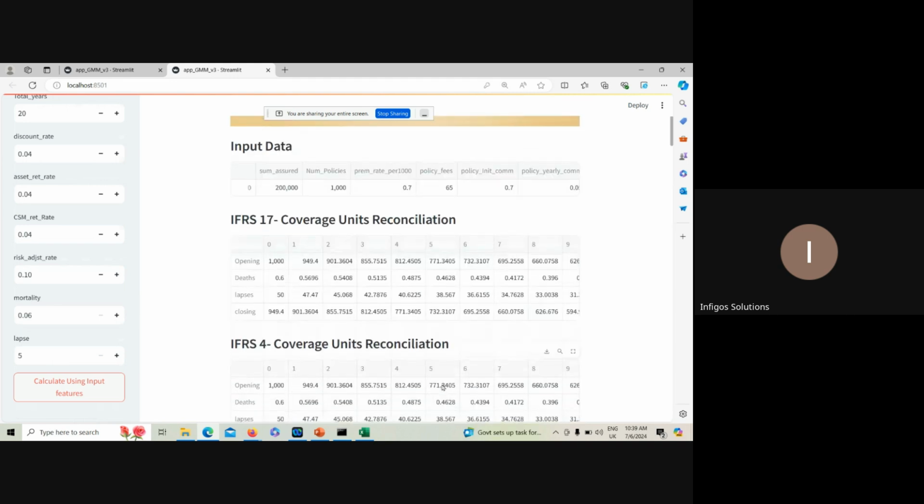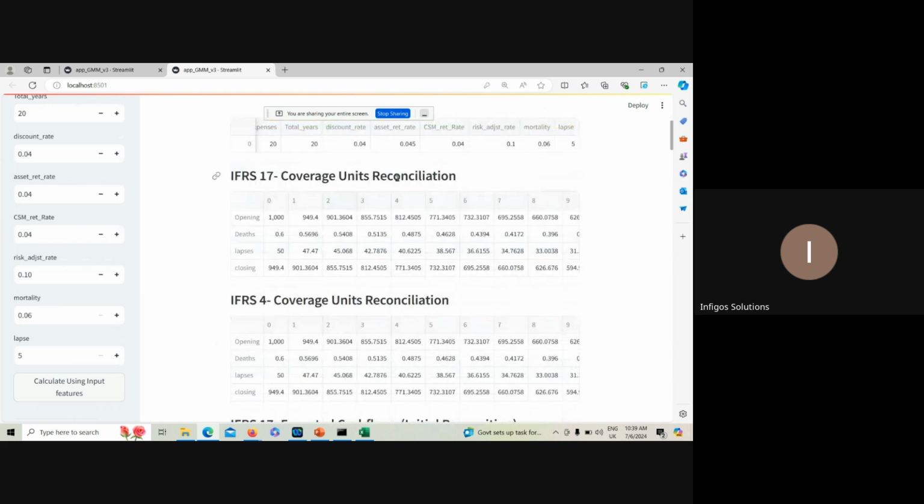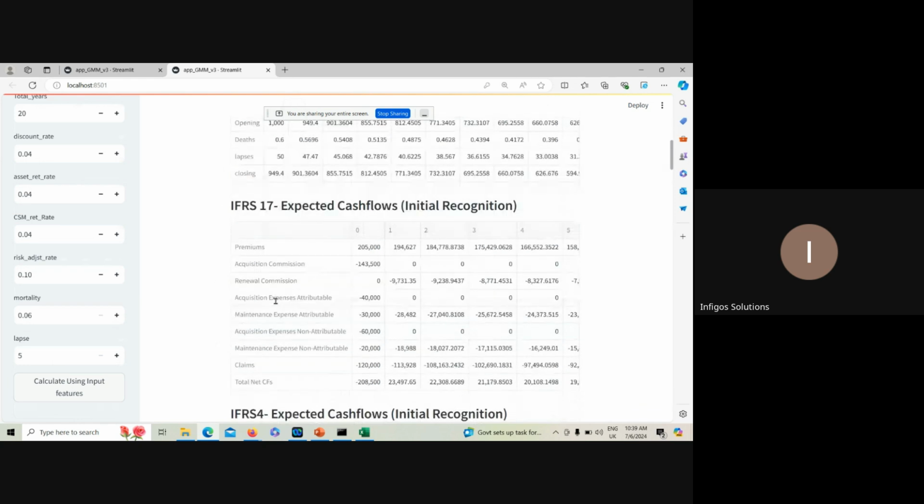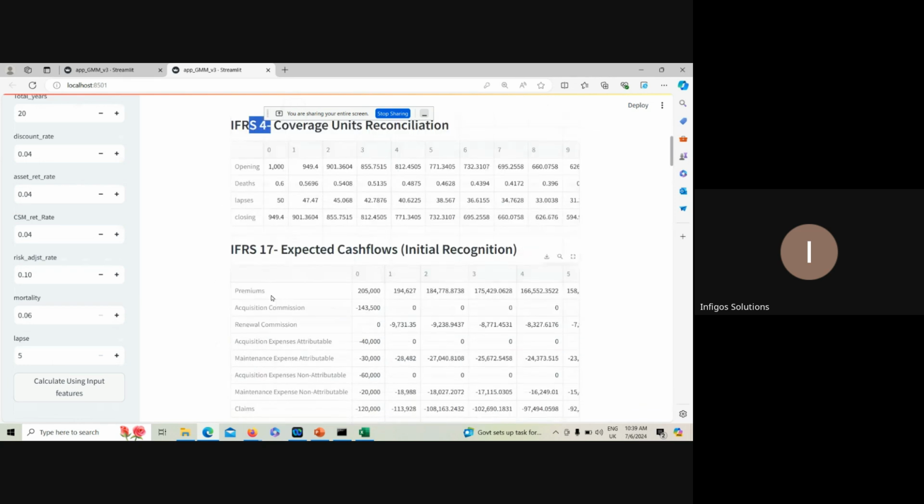So what it does is take these values, like we took mortality as 0.06. It will calculate the coverage units for IFRS 17 and IFRS 4 so that you can compare.